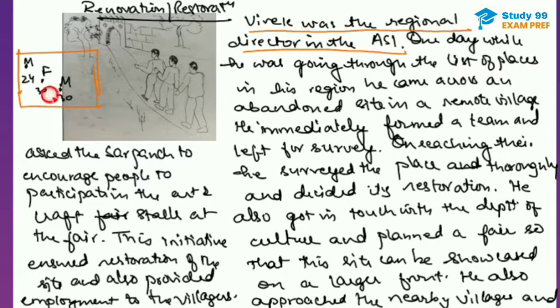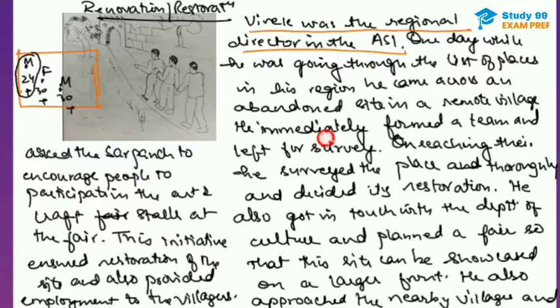This can be done. Mood positive, and if this is your central character, you can encircle it like this. Clear? So this is how you can mention the characters in PPTT also.